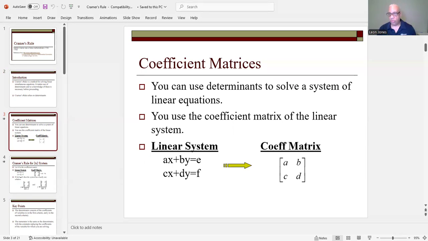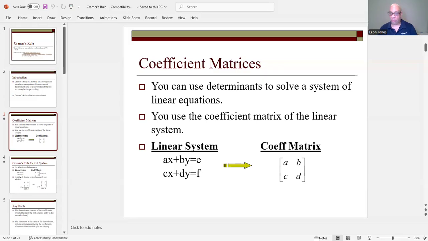You can also use Excel, MATLAB. But when you're doing matrices by hand, you can use the coefficient matrix, which is the best matrix to use when you're solving systems of equations.